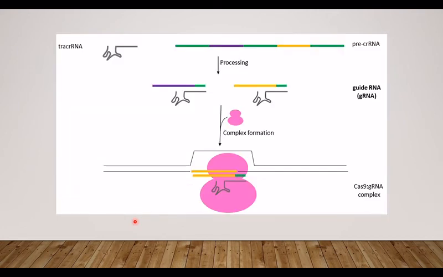These both combine, and the tracrRNA is involved in the processing of CRISPR RNA into guide RNA, let's say for simplicity. After the guide RNA is formed and combines with the Cas protein, it makes the double-stranded break. That is the key point of our interest.